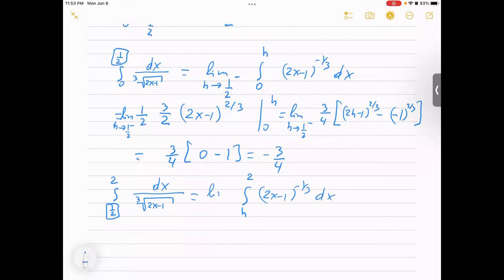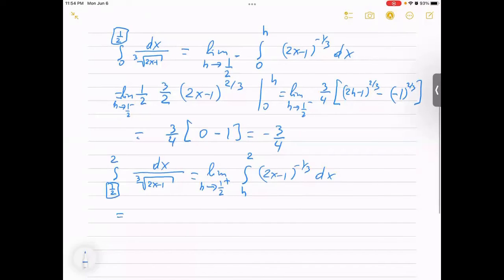We're going to take the limit as h goes to 1/2, approaching 1/2 from the right. Similar antiderivative as we did before, so the limit as h approaches 1/2 from the right. The antiderivative will be 3/4 times (2x minus 1) to the 2/3.